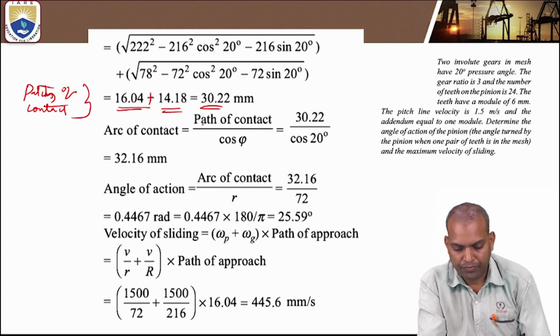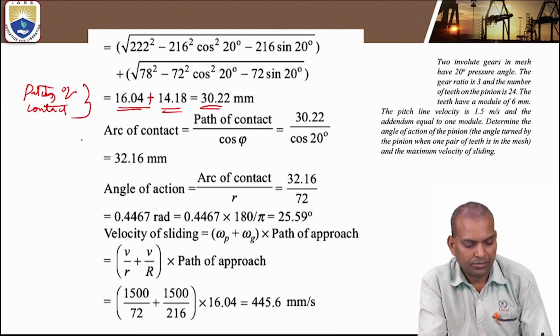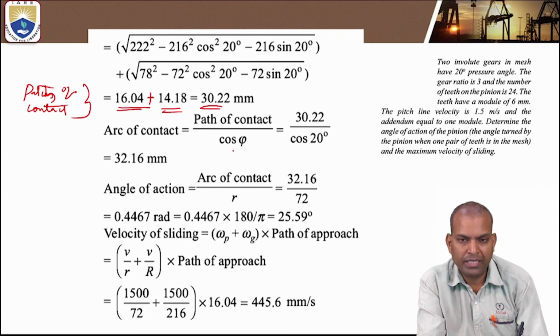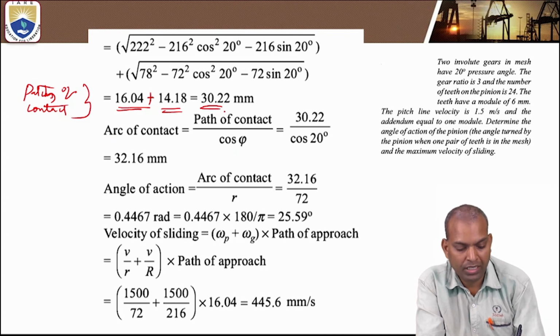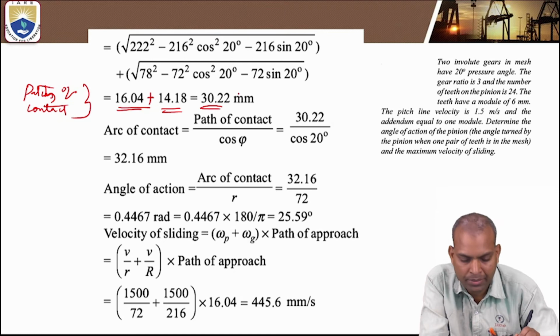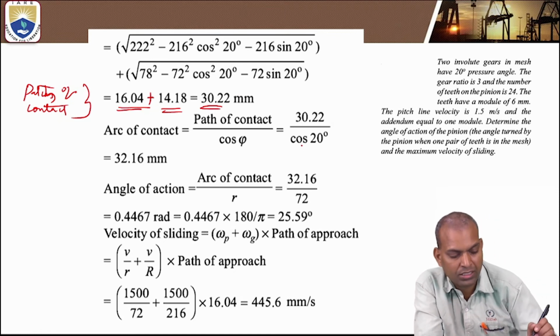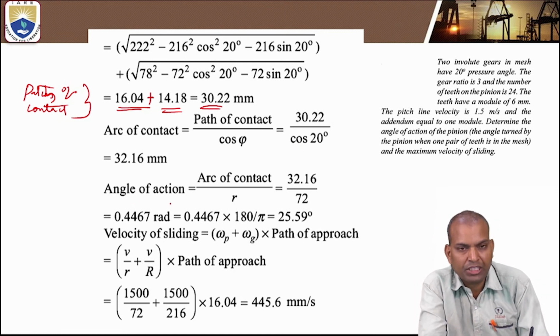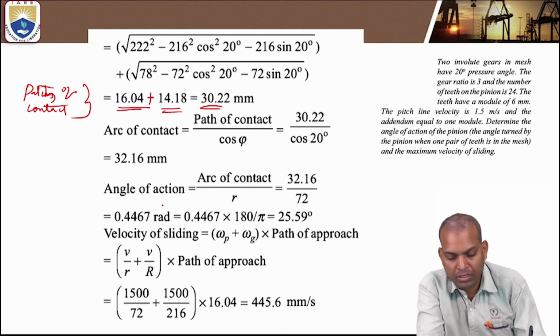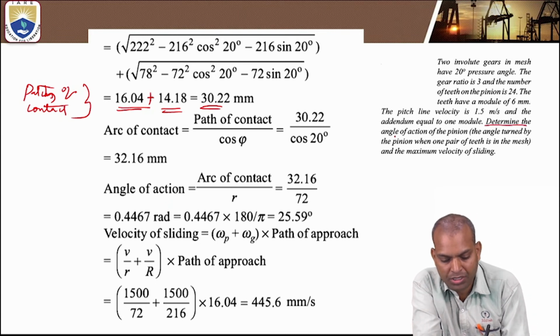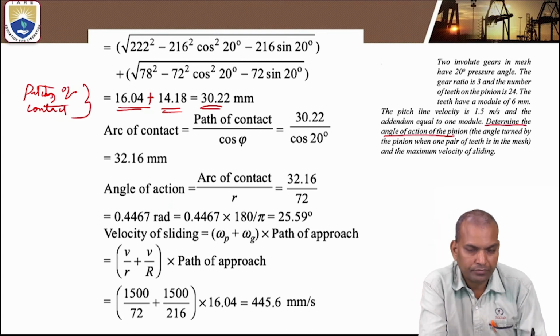Okay, now the arc of contact. Arc of contact equals path of contact by cos phi. We know the path of contact is 30.22 millimeters, divided by cos 20 degrees. Then we determine the angle of action of the pinion.